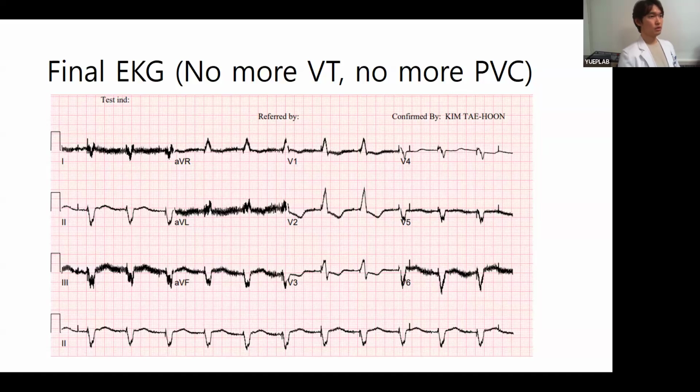Ischemic? Non-ischemic. First-time shock? No shock. 99 times of ATP.